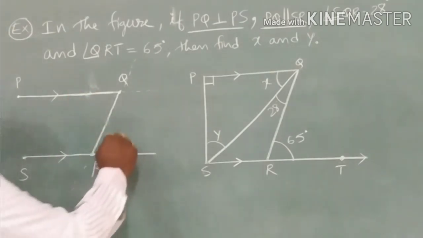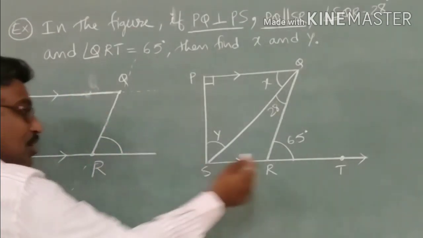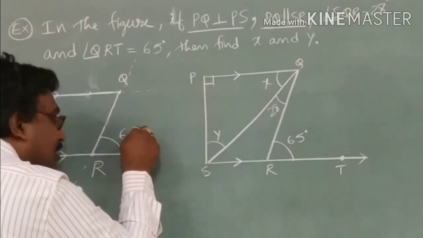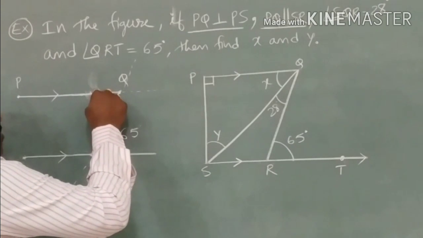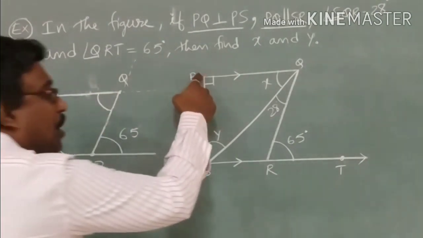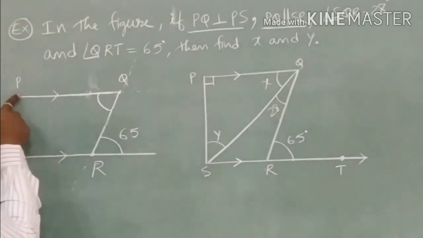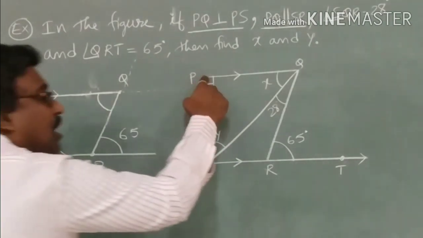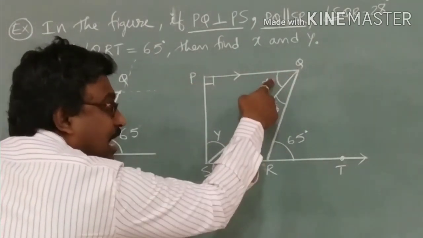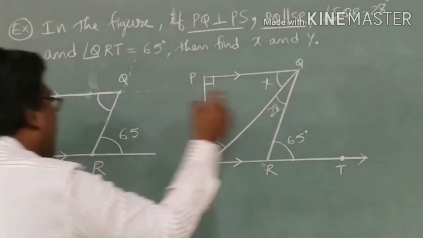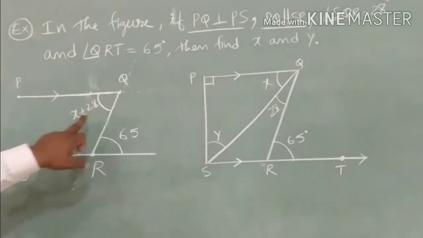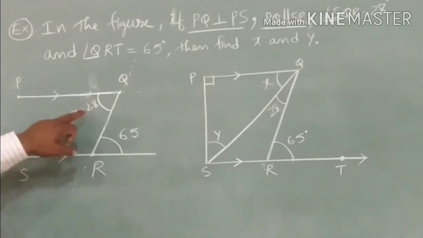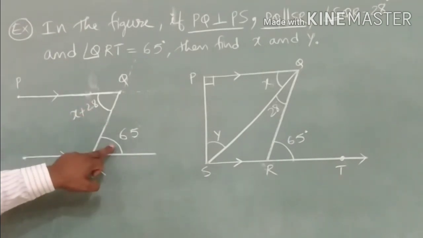Good. Now, here one angle is given already: QRT is 65. Now, this angle PQR is how much? X and 28 together, so X plus 28. Now, how are these two angles?